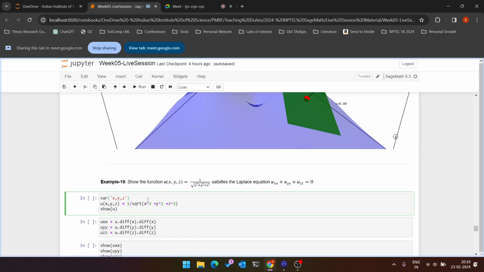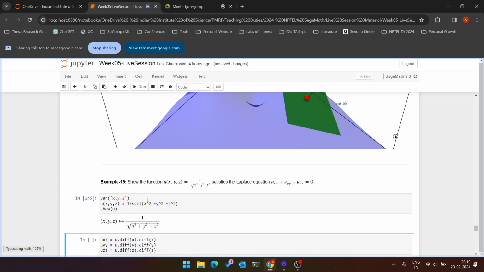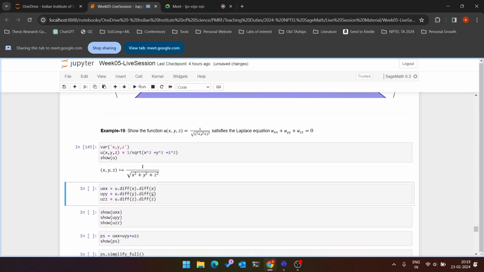So same approach, begin by initializing the variable, then the function. We have defined our variable and function correctly. Next, we want to differentiate u with respect to x twice. So I'm doing u dot differentiation x, and then again a differentiation with respect to x.